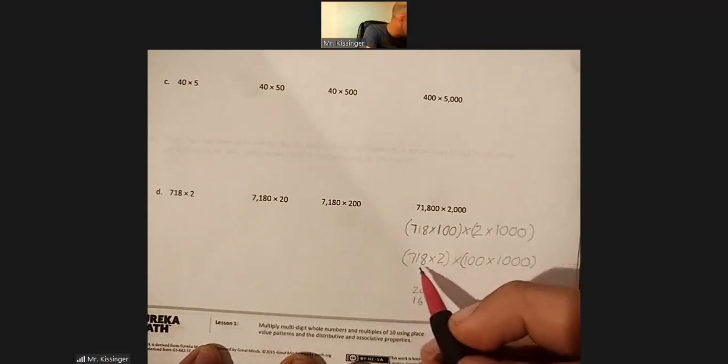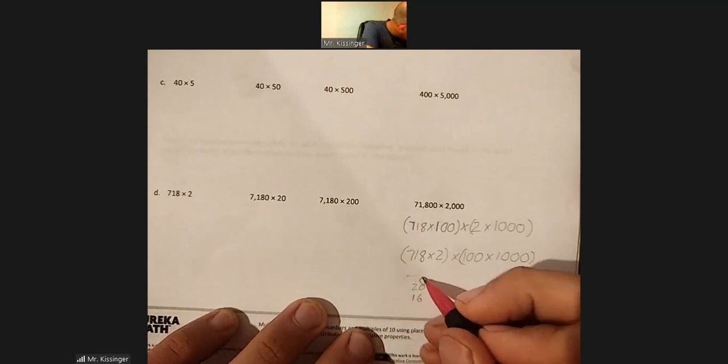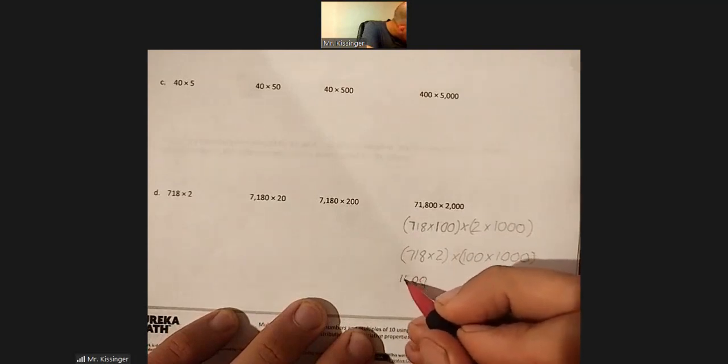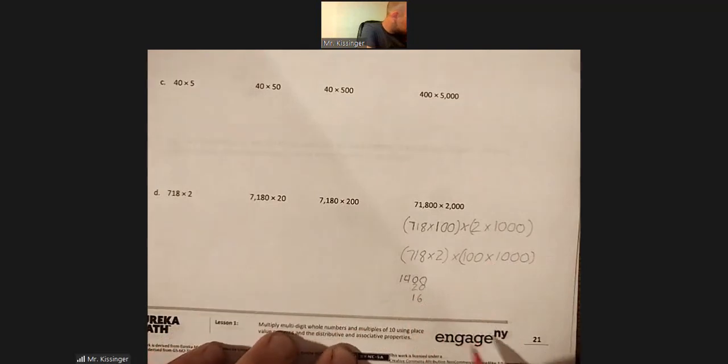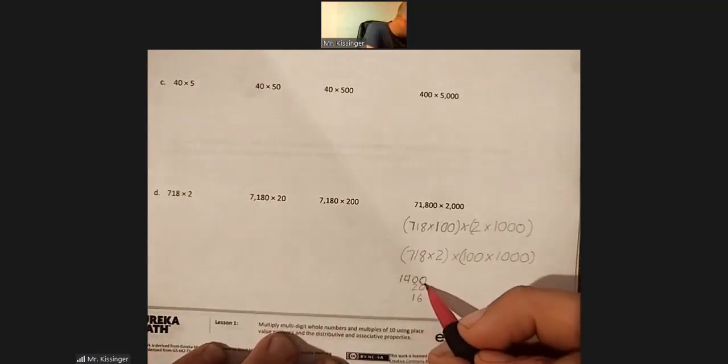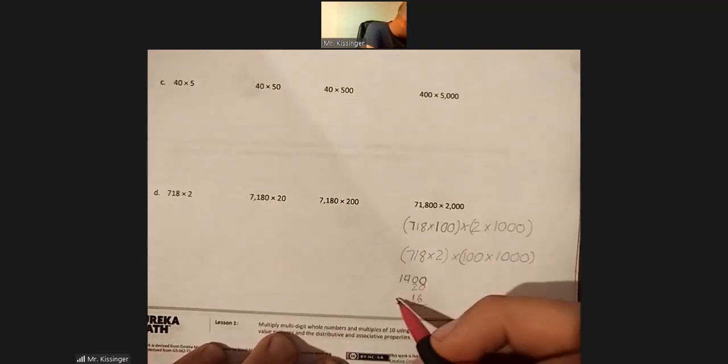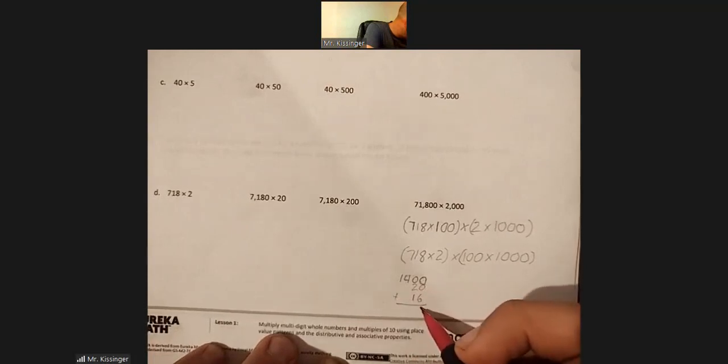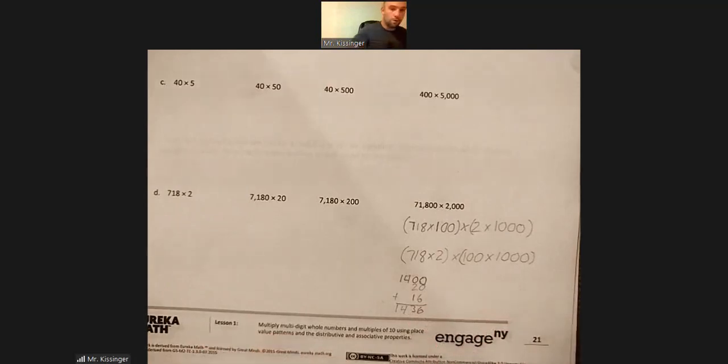And then we'll multiply our hundreds place by 2, and we get 1,400. We'll make sure all of our place values are in the right place. We'll add those together. We have 1,436.